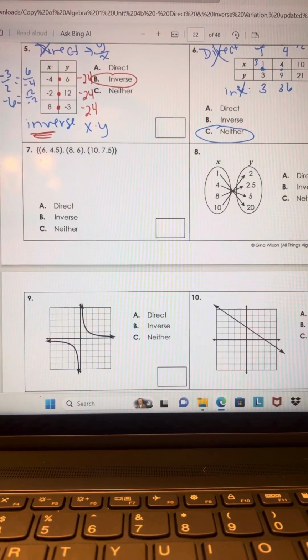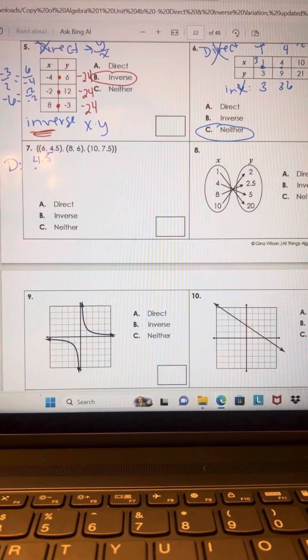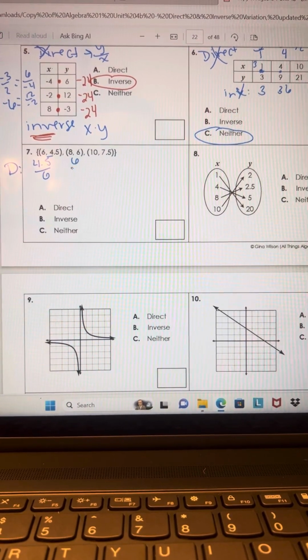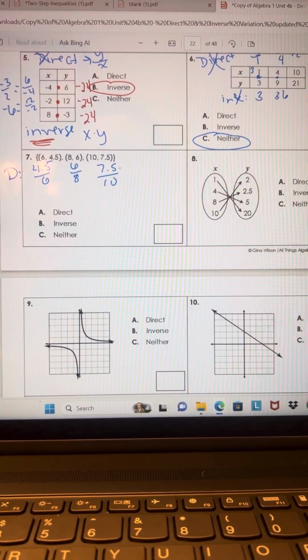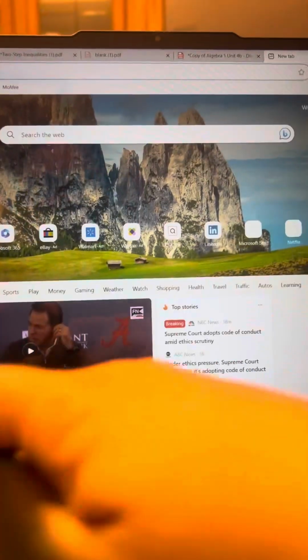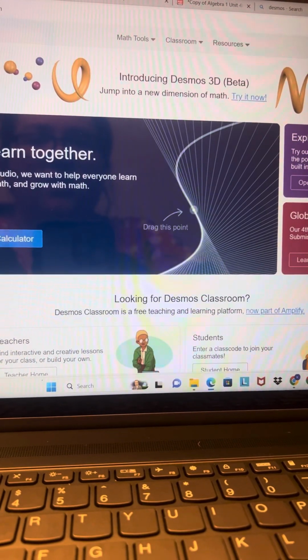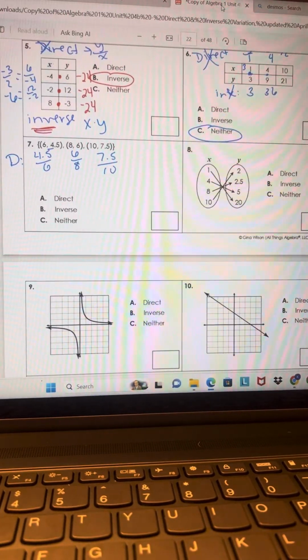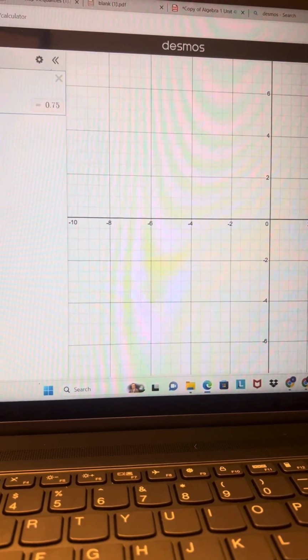So looking at 7, to check for direct, you would do 4.5 divided by 6, 6 divided by 8, 7.5 divided by 10. And if we want to do it in a calculator, we have 4.5 divided by 6, and that's 0.75.